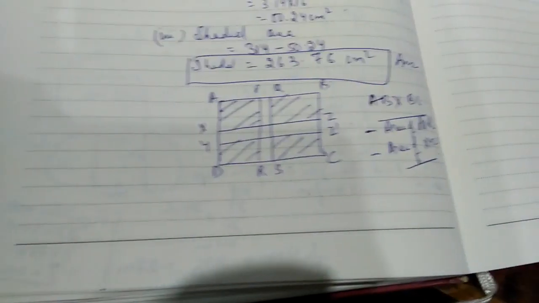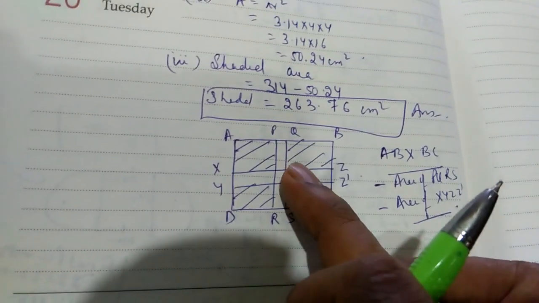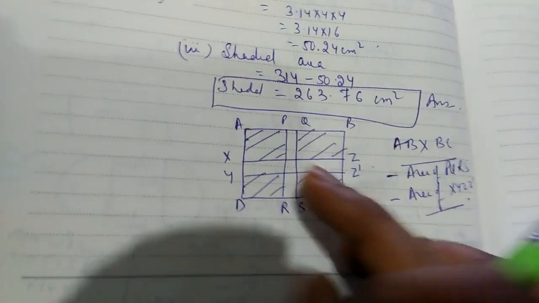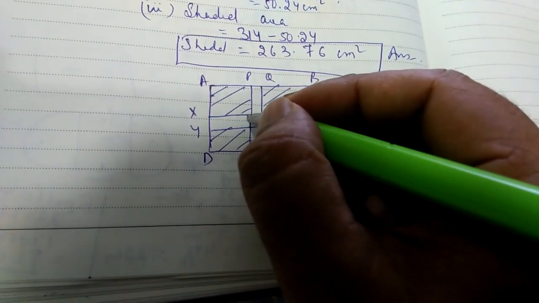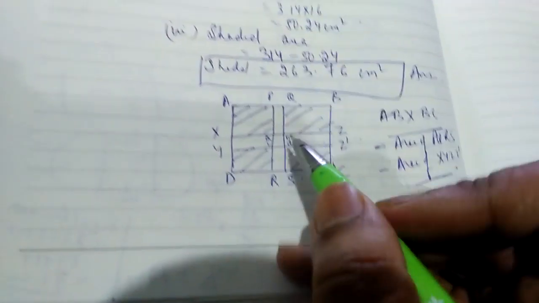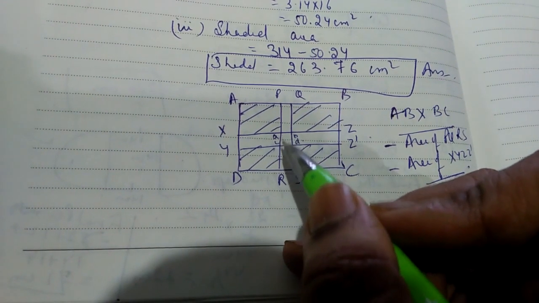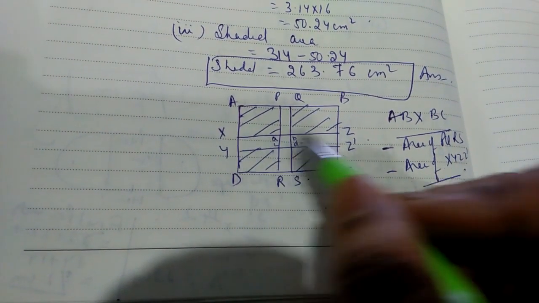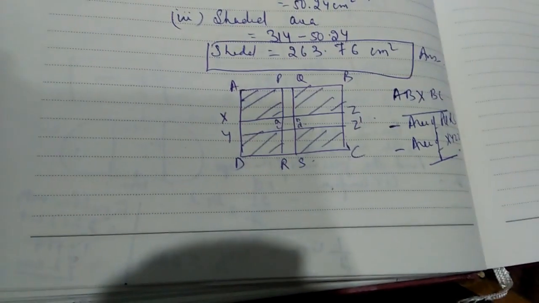Now, okay, now this particular square in the middle, I will mark it as small a, small b, small c, small d. Okay, this has been cut out twice. Okay, this is a part of the second rectangle as well as the third rectangle. Okay, so this area needs to be added.